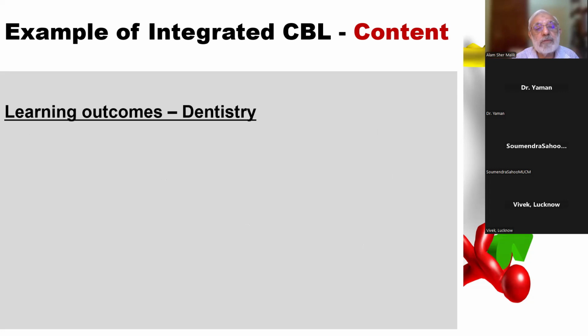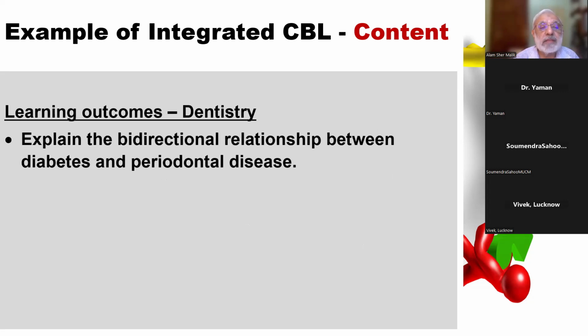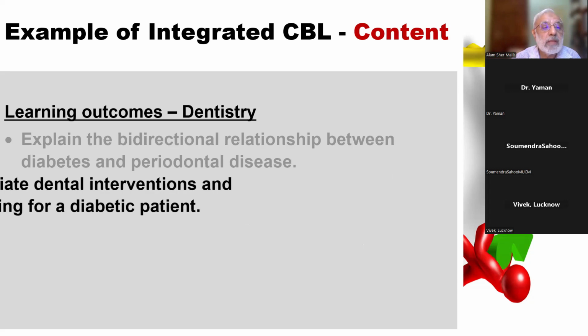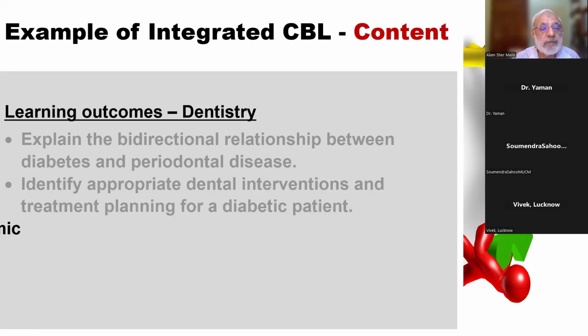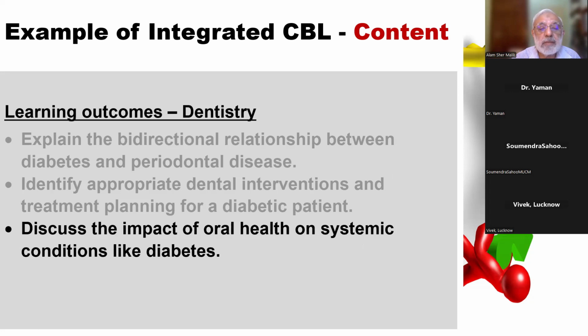The learning outcomes for dentistry students: explain the bidirectional relationship between diabetes and periodontal disease, identify appropriate dental interventions and treatment planning for a diabetic patient, and discuss the impact of oral health on systemic conditions like diabetes.